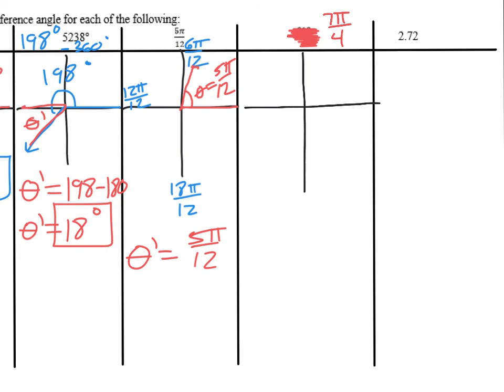Going to do the same thing over here, which would be pi over 2, trying to figure out where this goes. 2 pi over 4. Four pi over 4.